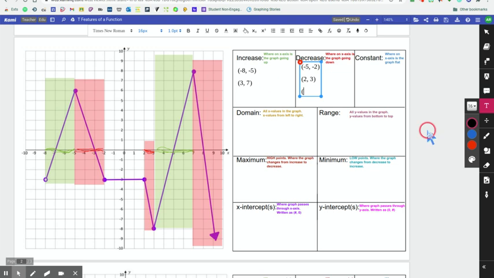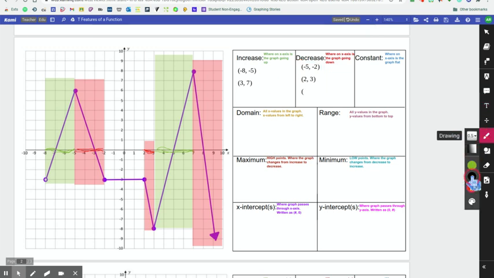And then we have one more. But this one's a little bit more difficult. From what x value number to what x value number is it decreasing? So it starts at 7, but then it has this arrow that's kind of going to the right forever. Oh, Ariely's got it. It's from 7 to infinity.